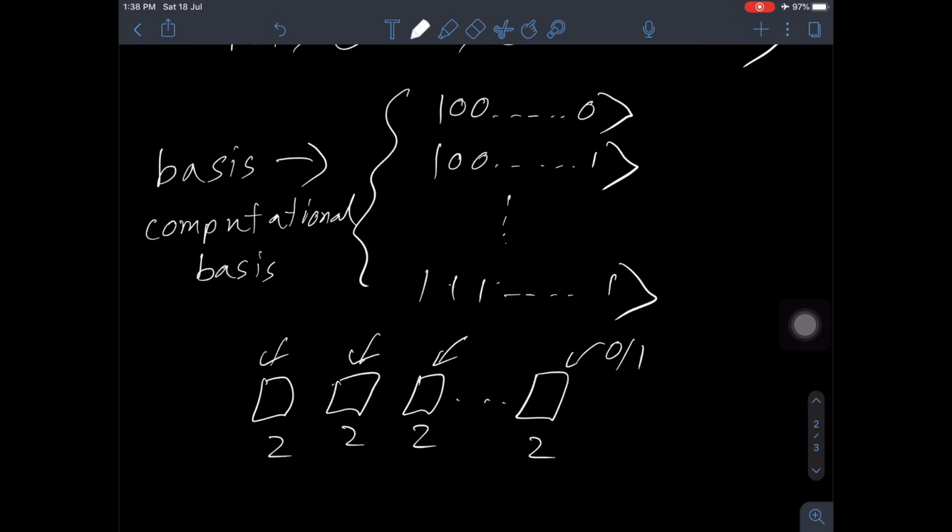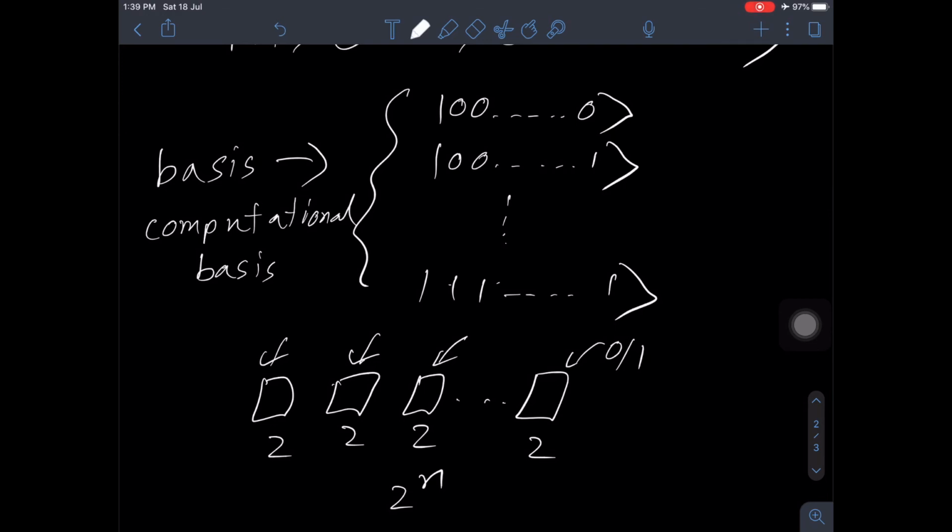So for n boxes, you will have 2 to the power n elements. This is the same for classical bits. If you have n classical bits, you can encode 2 to the power n numbers with those bits. Similarly, your basis will have 2 to the power n elements.